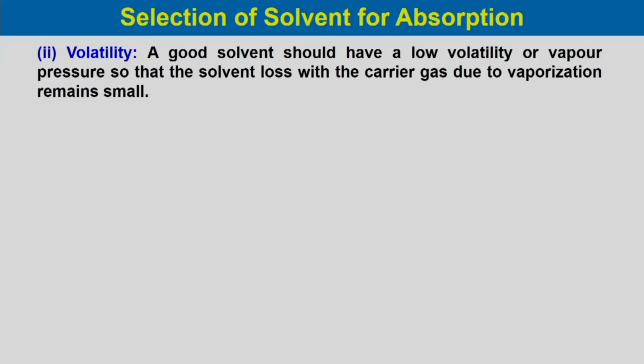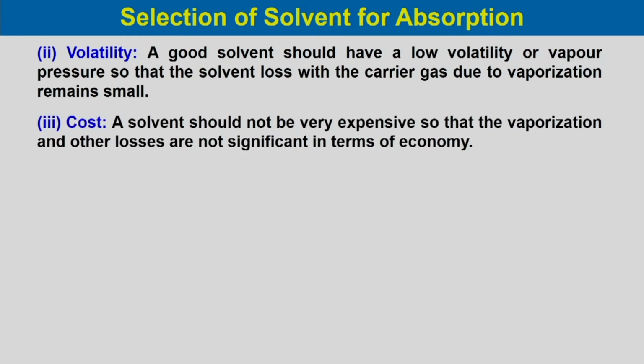If its vapor pressure is very high, there will be huge solvent loss in the stripper or desorption cell. So, the solvent should have very low volatility or vapor pressure. The third point is the cost. A solvent should not be very expensive, so that vaporization and other losses are not significant in terms of economy. The solvent cost should be low.